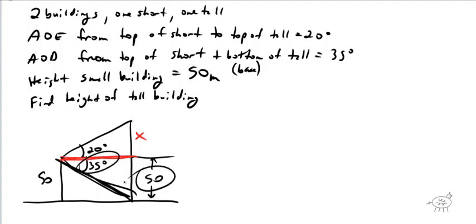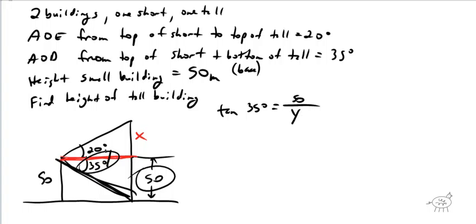Okay? So if I'm looking for that red line, do you guys agree that I have 35 degrees here and I have 50 here? So what uses the 50 and the red line? Well, it's tangent again, because it's not a hypotenuse. So I can say tangent of 35 degrees is opposite over adjacent, and we'll call this y.